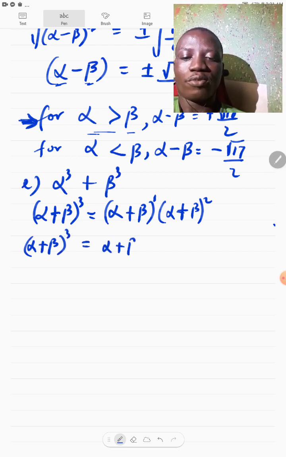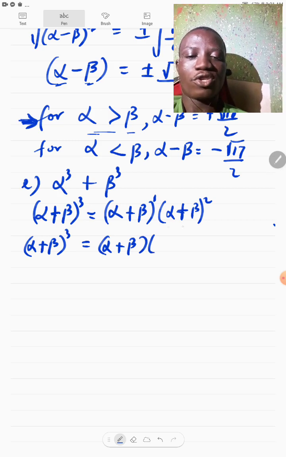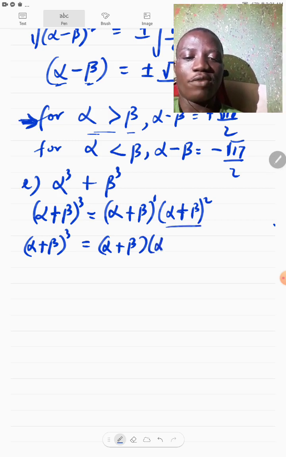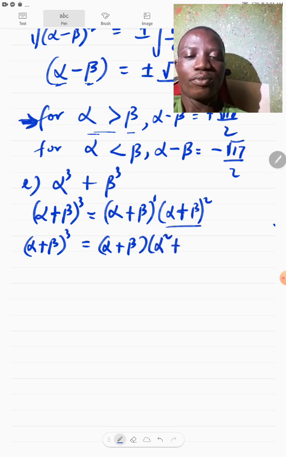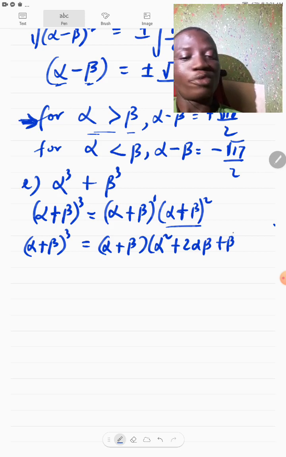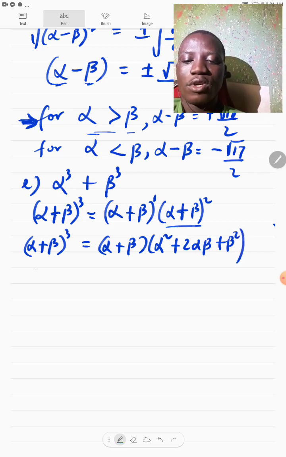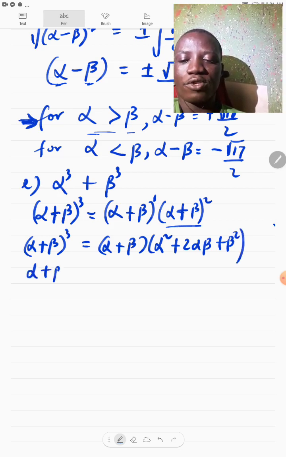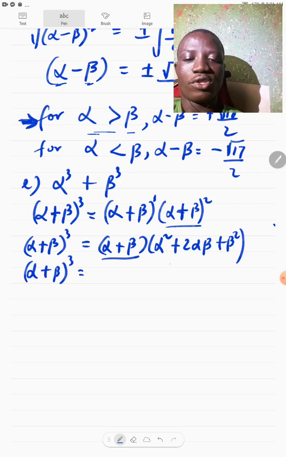The expansion of alpha plus beta squared will definitely be alpha square, I hope by now you can write that directly, plus 2 alpha beta plus beta square. So you have alpha plus beta cube equals, so let's use this to expand this now.